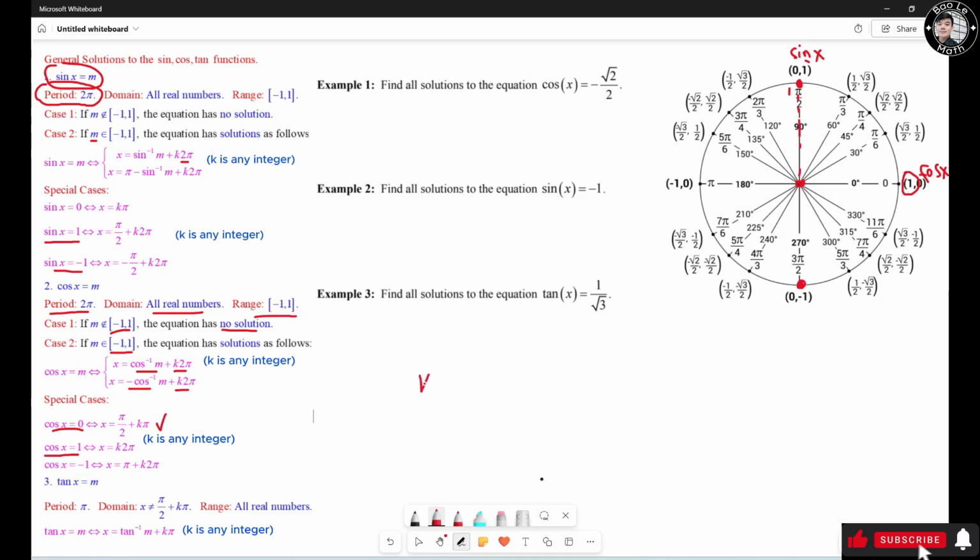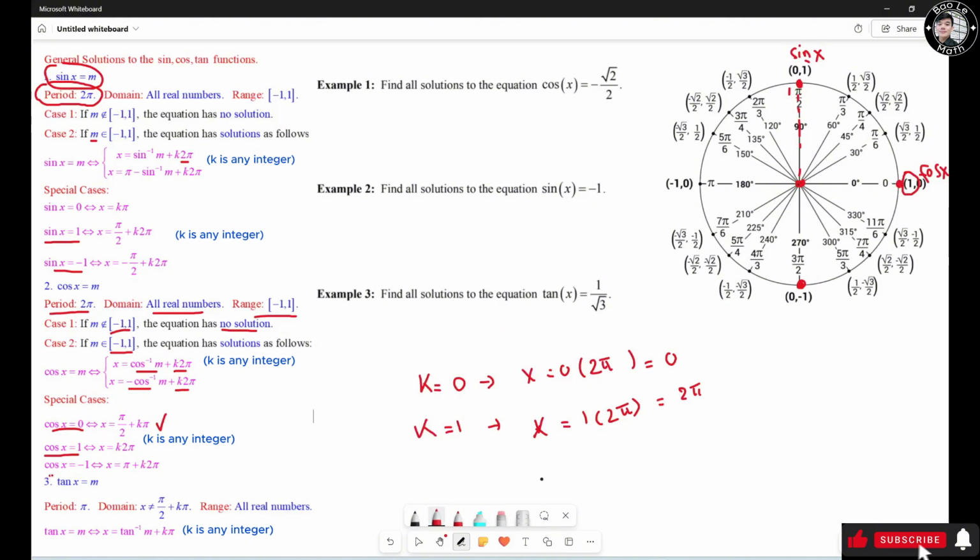If k equals 0, then s equals 0 times 2 pi, which is 0. If k equals 1, then s equals 1 times 2 pi, which is 2 pi. So it's still right here. Every time you change the value of k, it's still right here.